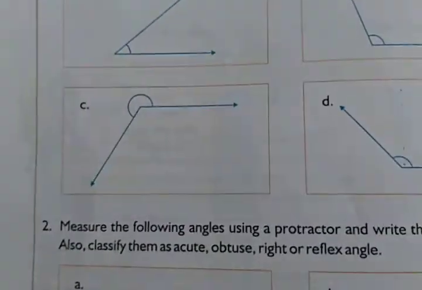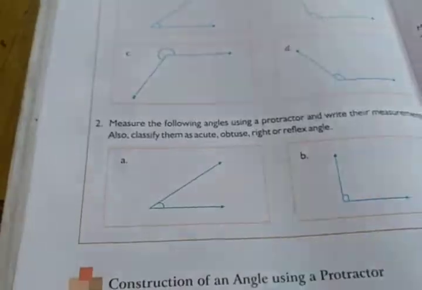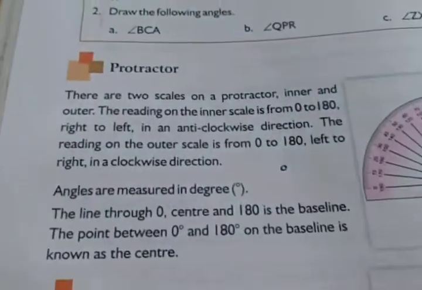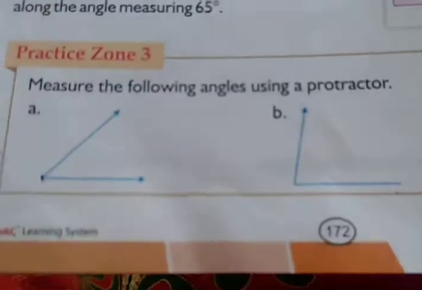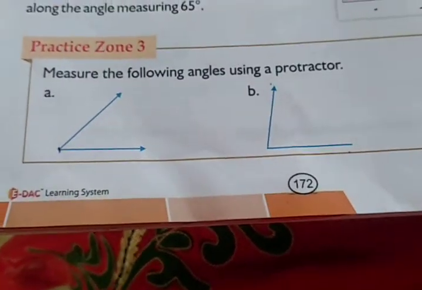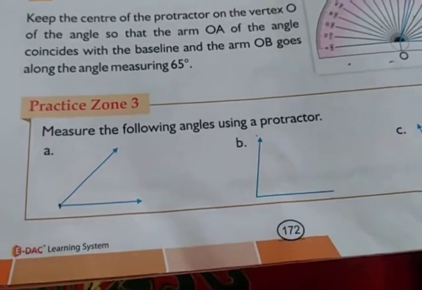So complete practice zone 4 here. You can complete it in the book itself, and practice zones 2 and 3 also in the book itself. No need to do it in the notebook, do it in the book.